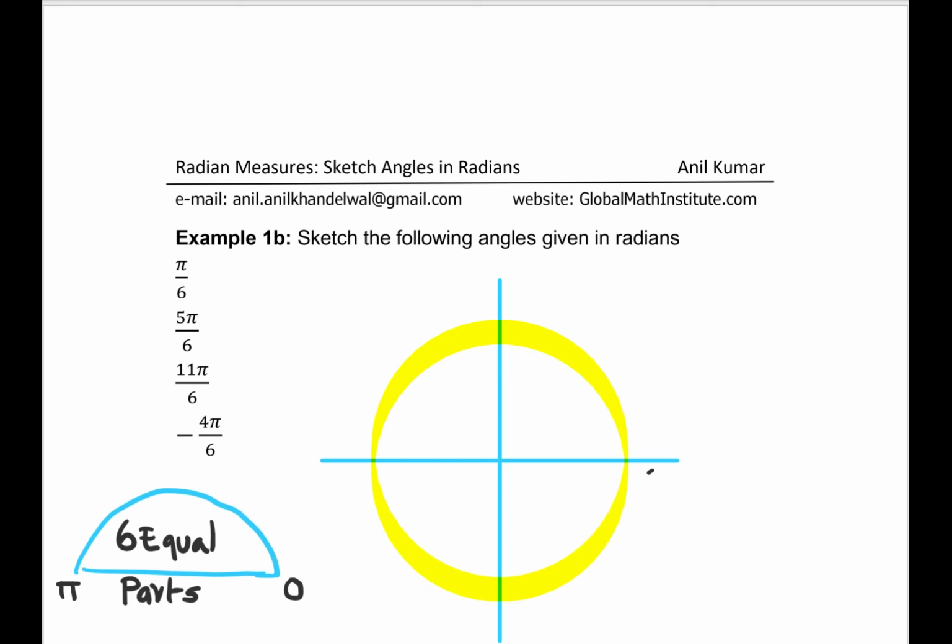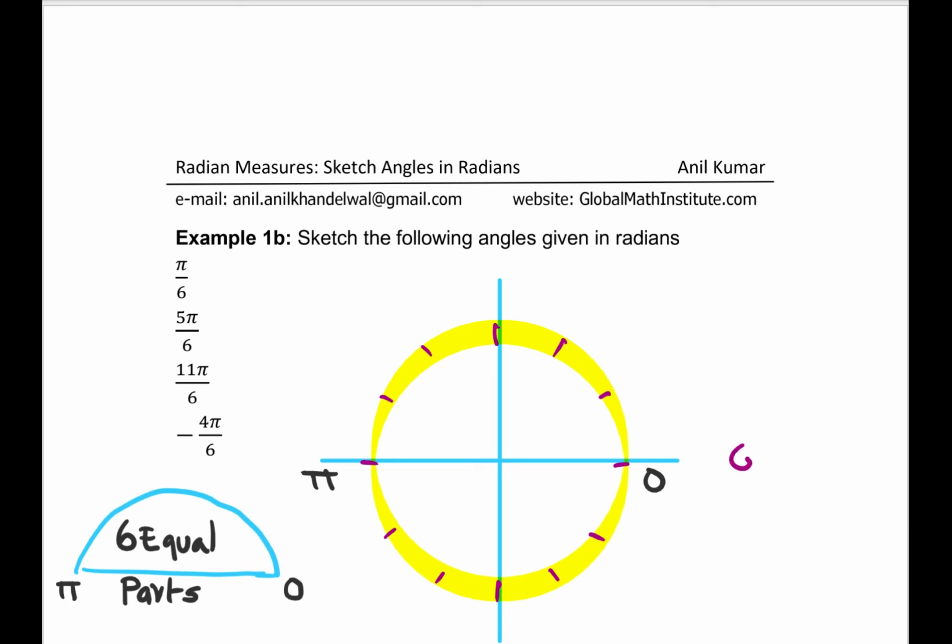Let me write down 0 to pi for the whole D. Since we need 1/6 of it, we will divide this pi into 6 equal parts. 6 equal parts means that the quarter will be divided into 3 parts. So let this be 1, 2, and the third division. So 3 parts, 4, 5, and 6. You can also divide this semicircle into 3 more parts. So in all, in the full circle, you will get 6 parts, correct?